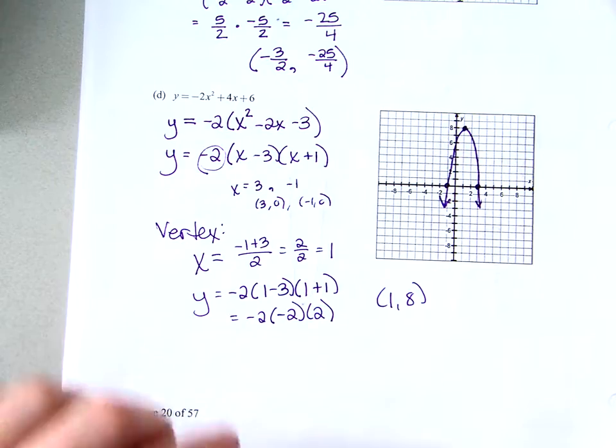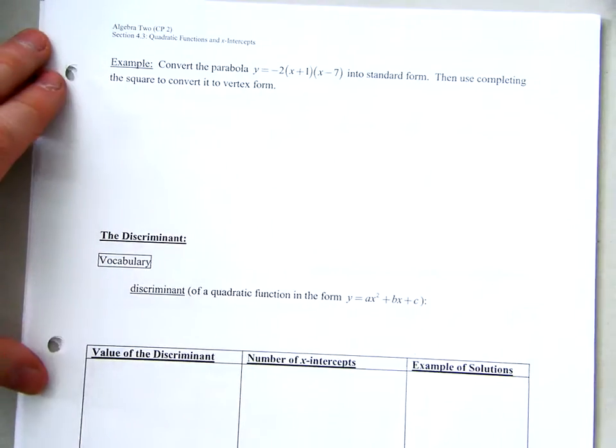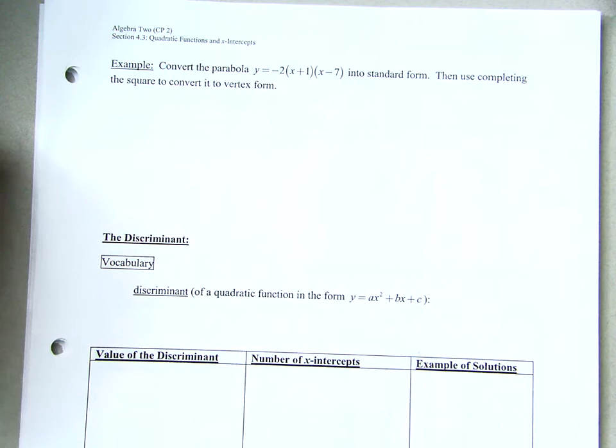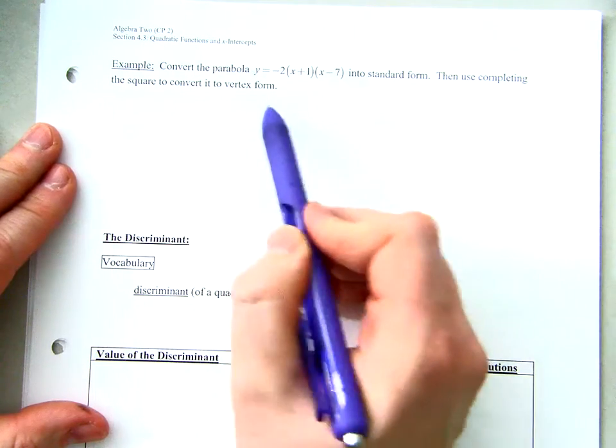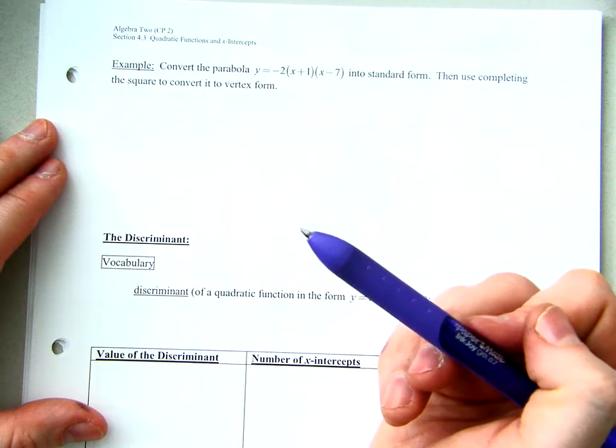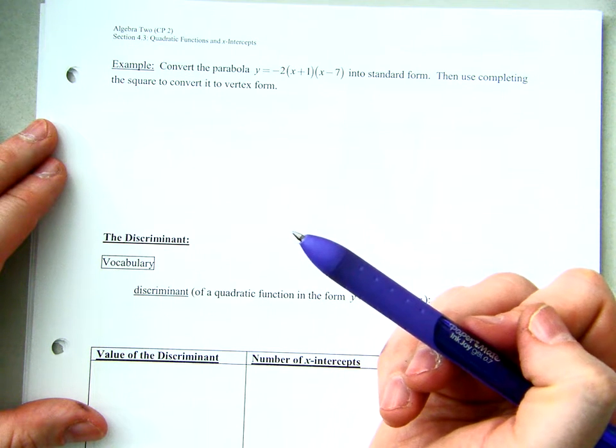Next thing, a little bit of converting. On page 21, first thing we want to do is convert that factored form into standard form. I haven't given you a process for doing this, but I think you know how to convert that to standard form. What do we do, Lionel?